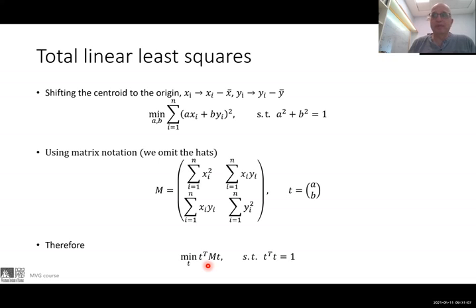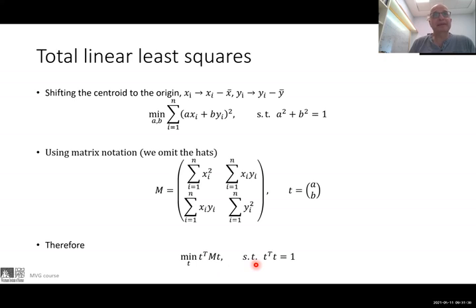M contains our measurements, which is a second order moment over the points. And T contains the unknowns, which are a and b, the coefficients of the line. The constraint is that the norm squared of T, T transpose T, is 1.